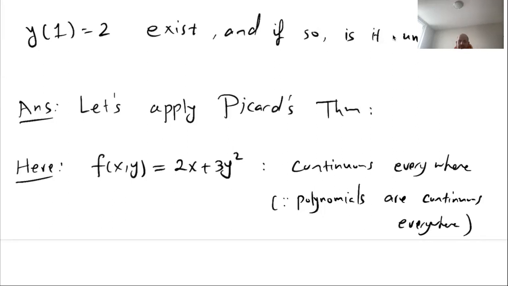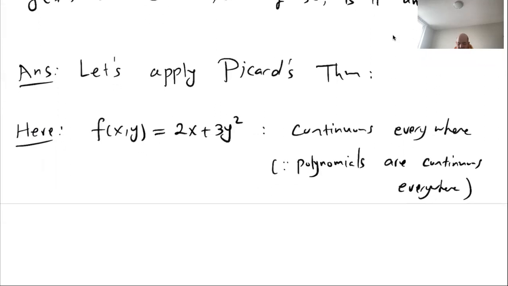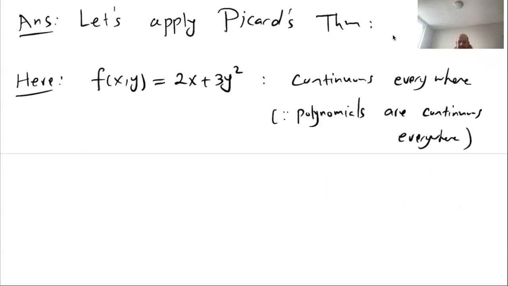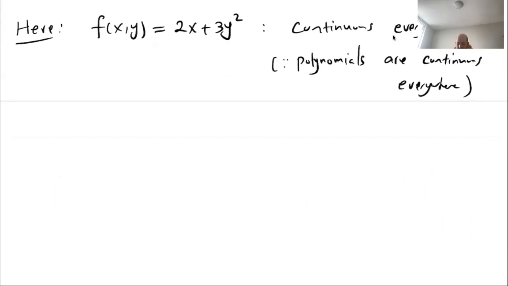What about the partial derivative of f with respect to y? Does it exist and is it continuous? Partial derivative of f with respect to y means you have to fix x, treat x as a constant, and differentiate with respect to y. So if x is a constant, the derivative of 2x will be 0, and the derivative of 3y squared with respect to y is 6y. So df/dy is 6y.